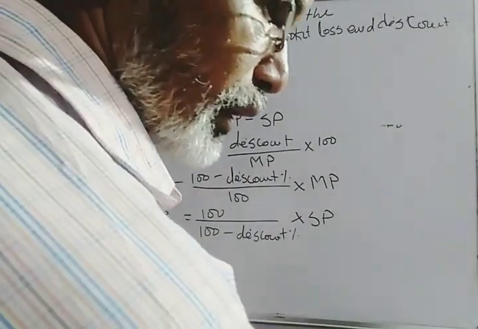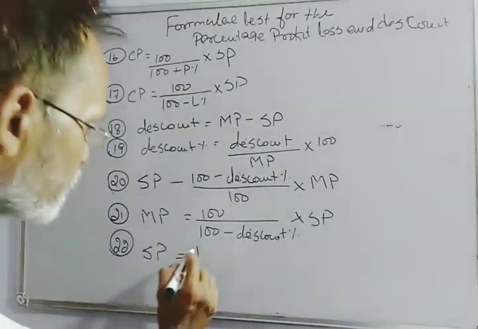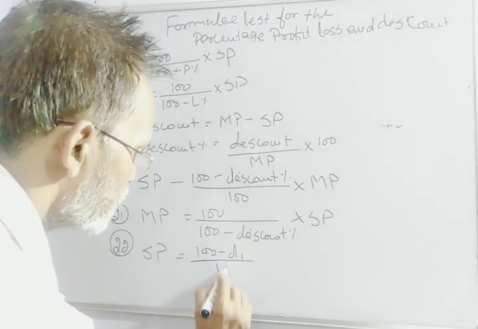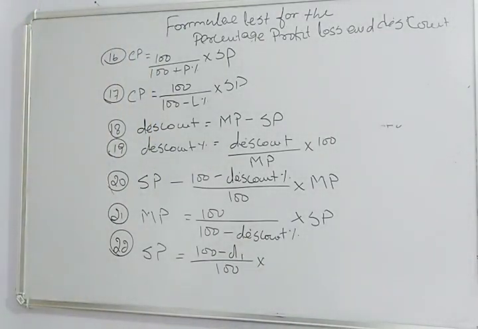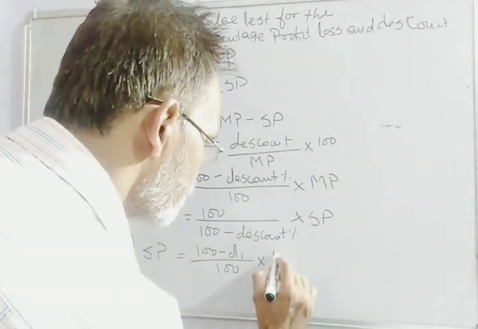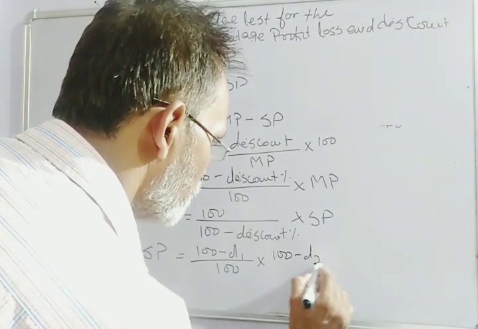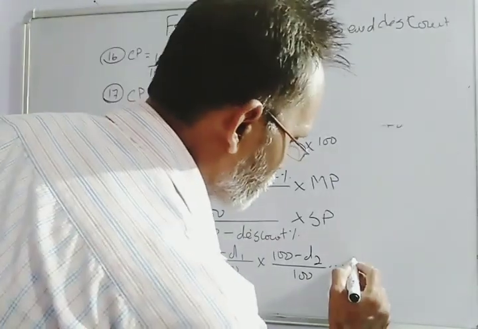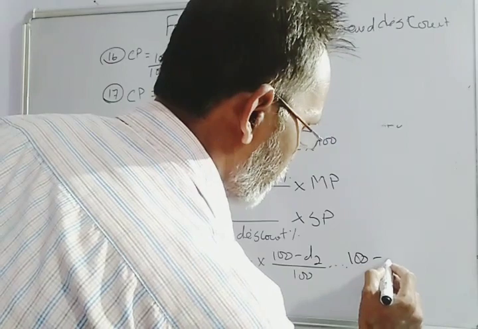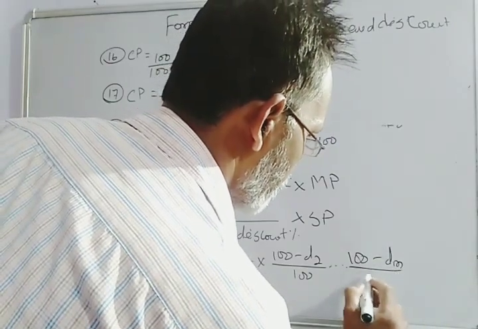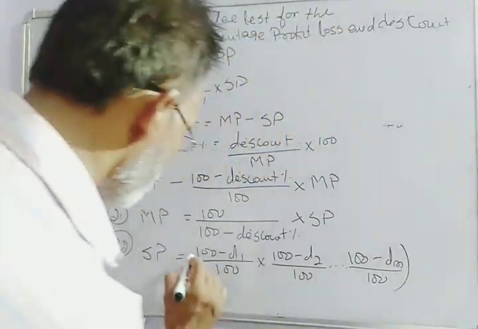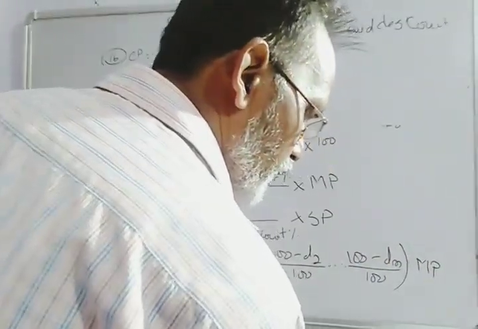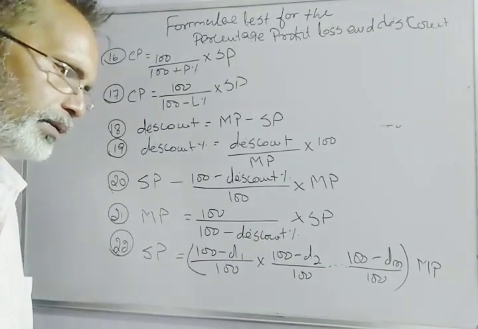That is equal to 100 minus D1 by 100 into 100 minus D2 by 100, and this will continue as many discounts as are given, 100 minus Dn by 100, total multiplied by marked price.